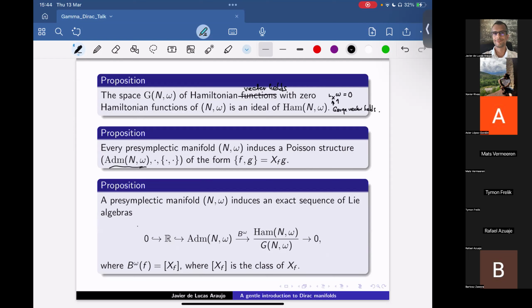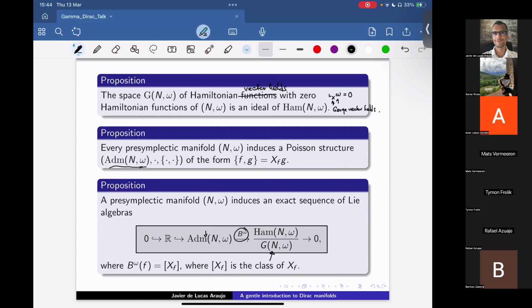And now the exact sequence we had before is even more complicated, because when you have a certain admissible function and you pick up the Hamiltonian vector field, it is not uniquely defined. So to construct a function, you have to divide by the gauge vector fields, because two Hamiltonian vector fields coming from the same function differ by a gauge vector field. So this is even more general.